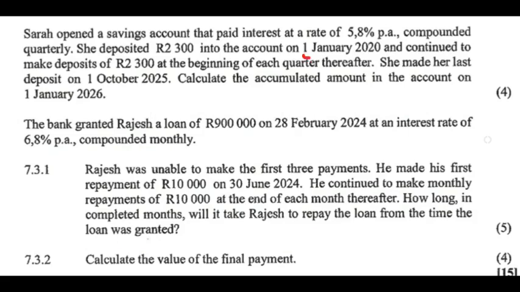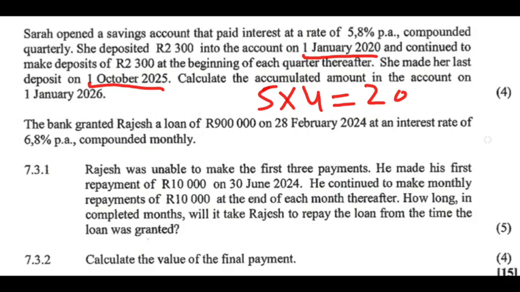Looking at the number of years from 2020 till 2025, the number of quarters in 5 years will be 20 quarters, because each year has 4 quarters. So 5 times 4 is 20 quarters.